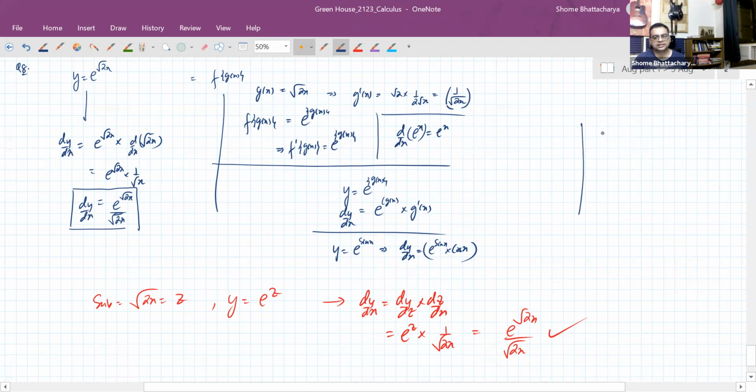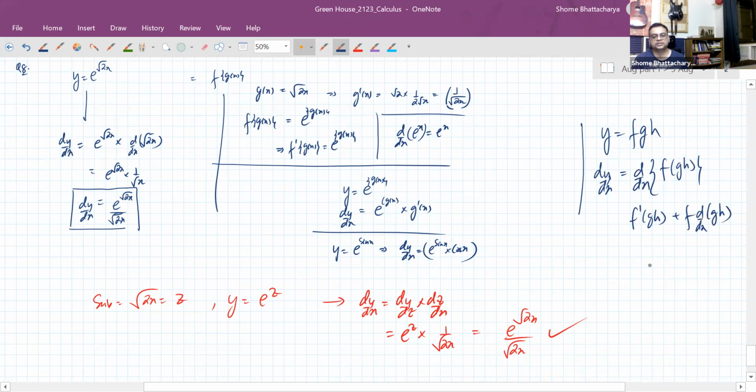What I'm basically saying is that if y is the product of 3 functions, let's say f, g and h. So dy by dx, now just treat it like I'm taking f separately and g into h as one bracket. So it becomes f prime into gh plus f into derivative of gh, and then open this once more.